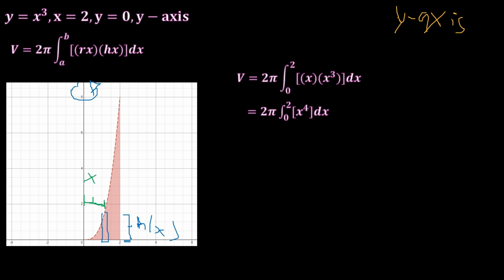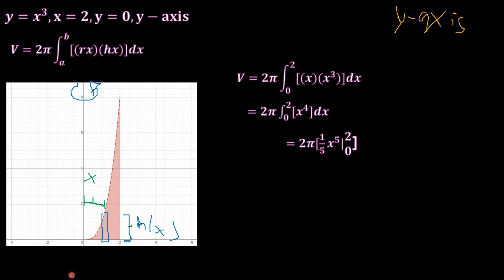We'll be solving from the integral then on. So x times x cubed is x raised to 4. By the way, the limits are 0 to 2. Since we're solving it in terms of x, we'll be starting from 0 to 2.